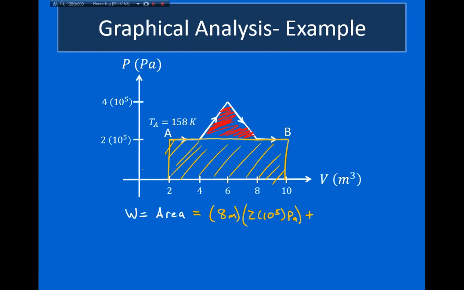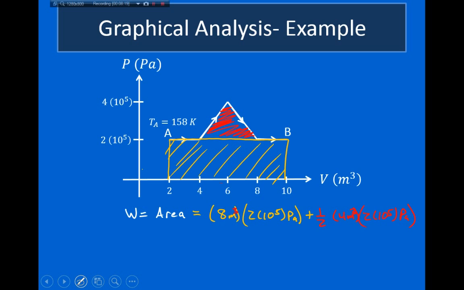So we have plus, and the area of this is a triangle, so it's going to be 1/2 base times height. The base of this triangle, we're going from 4 to 8, so the base is going to be 4 meters, or 4 cubic meters, really. I should be careful about the units there. And then the change in the pressure, this is the height, is 2 times 10 to the 5th Pascals, of course.